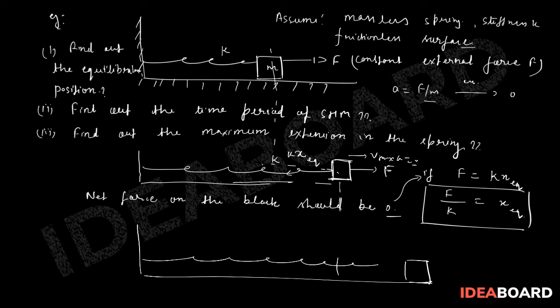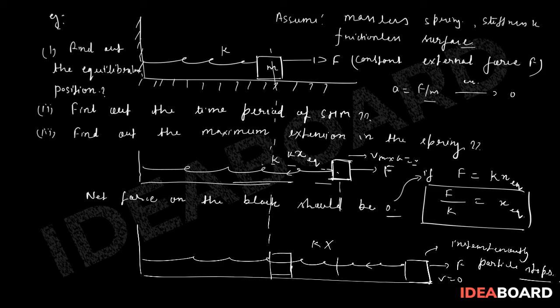So at this moment the total extension in the spring is, let's say, capital X. Then the spring force will be K times capital X, and of course there is F which was applied here. So let's say instantaneously the particle stops. If that is true, that means velocity will be 0, and of course we know that the initial velocity when the spring was not stretched was also 0.